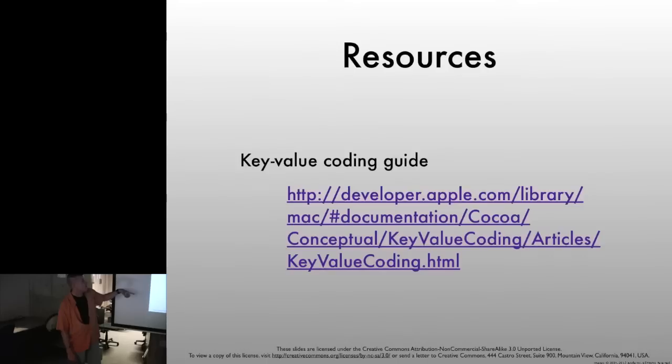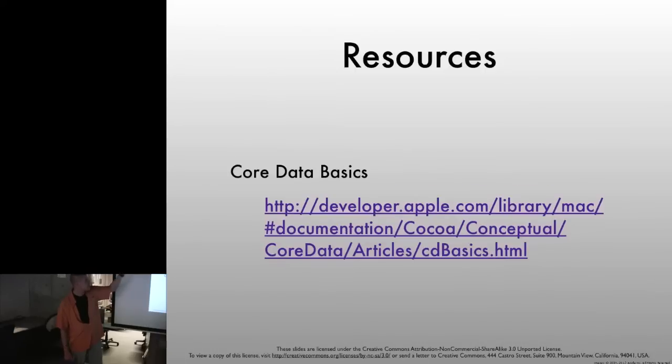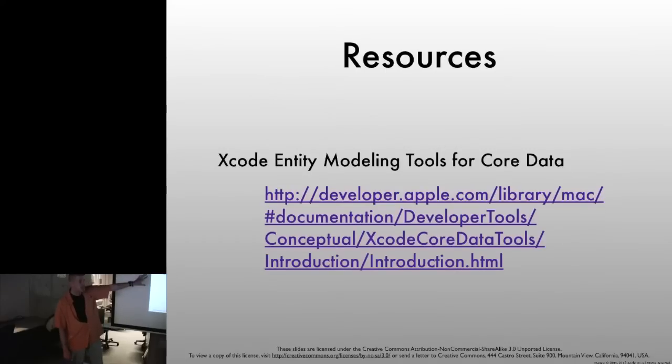Lots more. So there's resources at the end here. Here's a rundown of the key value coding that we talked about at the beginning. There's the core data basics to get you started with the terminology and understanding the underlying concepts of core data, which we just skimmed over today. There's the guide for the visual modeling tools.